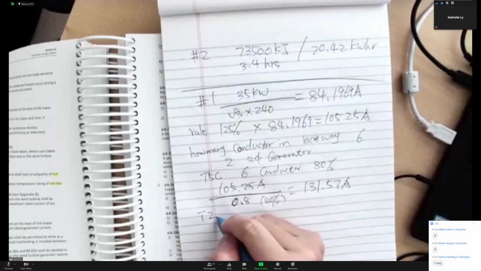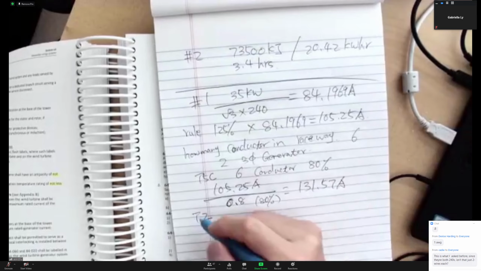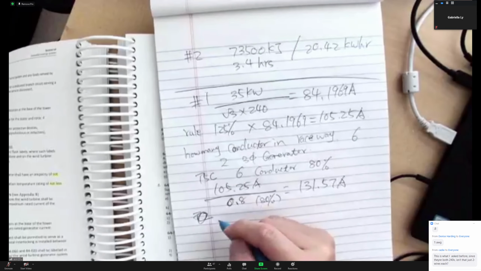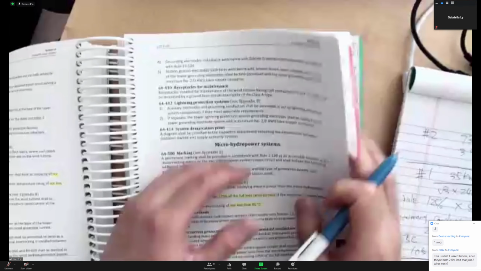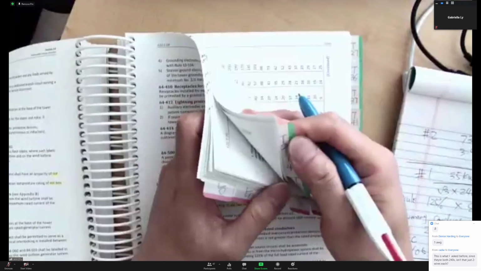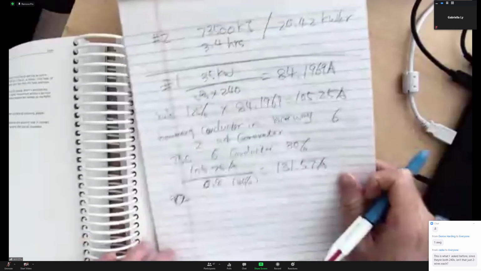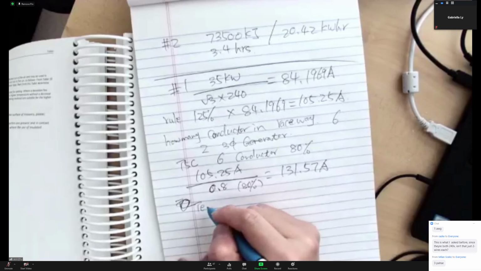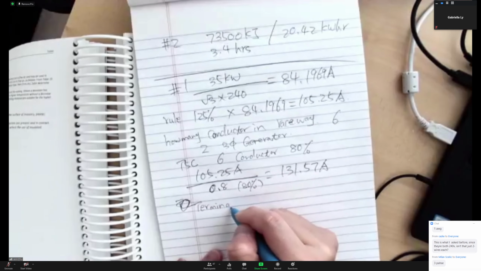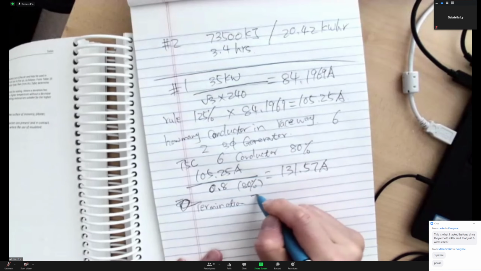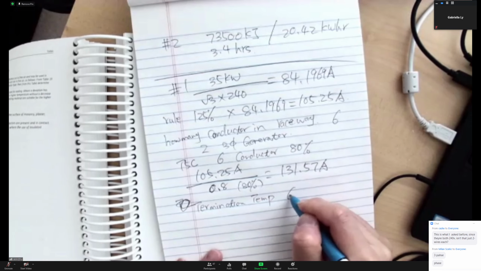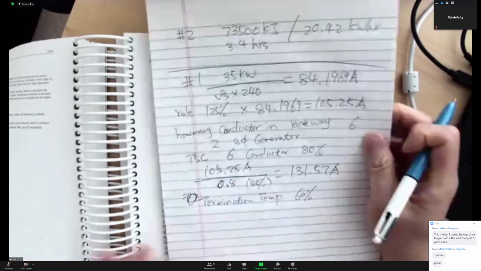Go to table 2. Not yet. Yeah, we can go to table 2. So termination temperature 60 degrees.